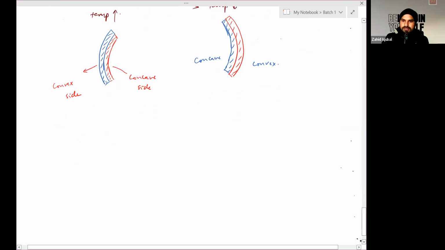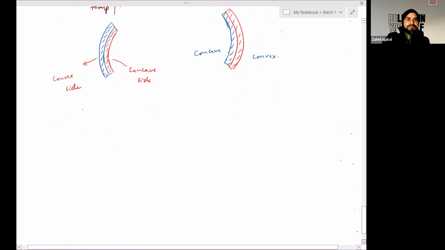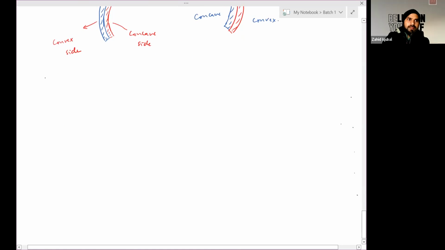Now, next is pendulum clock. Suppose a clock is designed to work on oscillation of a pendulum.